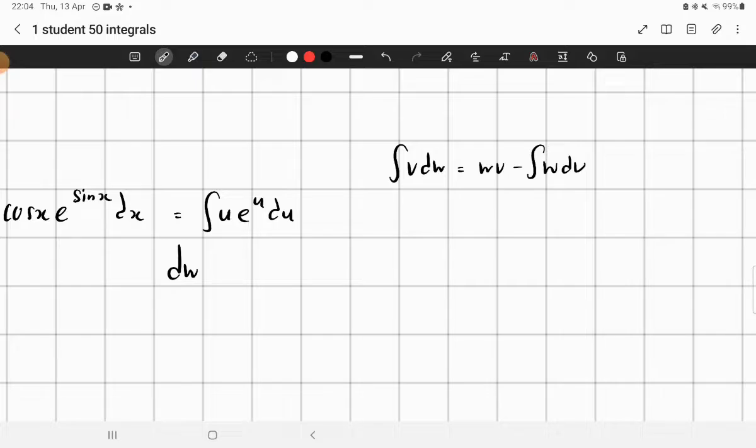And yeah, so dw will be the exponential function. Oh, by the way, the only advice that I could give if you want to solve integration by parts and determine which one will be your u and which one will be your dv, usually back at pre-uni level, I recommend my students to use LIPT, whereas you prioritize the left hand side more than the right hand side.